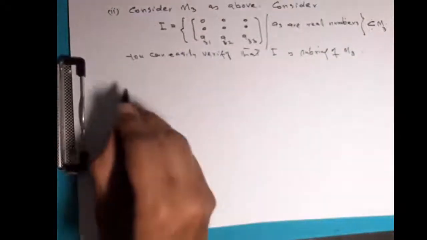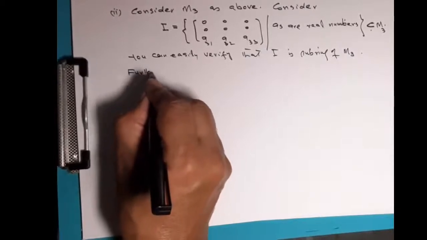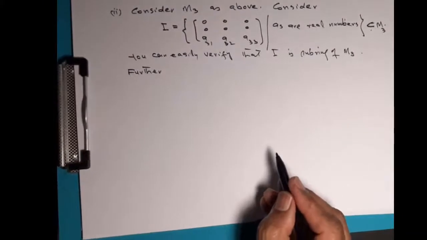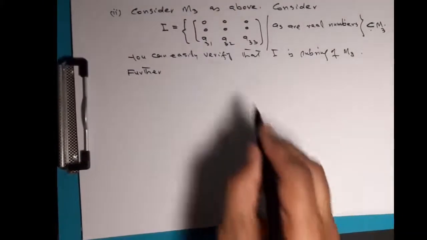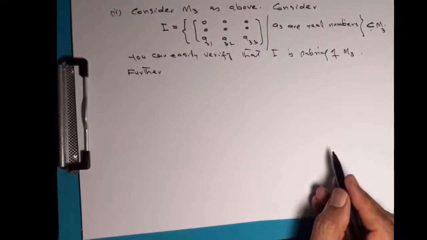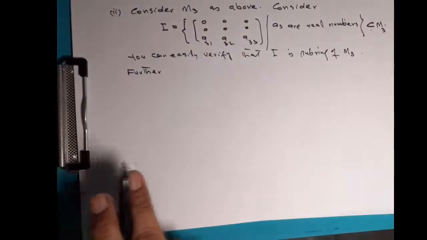And further, now let's take an element of M3 and an element of I and multiply the element of M3 with the element of I from the right hand side, not from the left hand side.